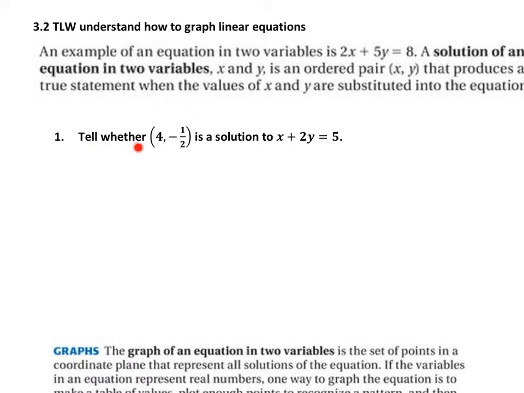So it says tell whether (4, negative 1/2) is a solution to x plus 2y equals 5. Okay, so what this tells us is x equals 4, y equals negative 1/2. So we know this.